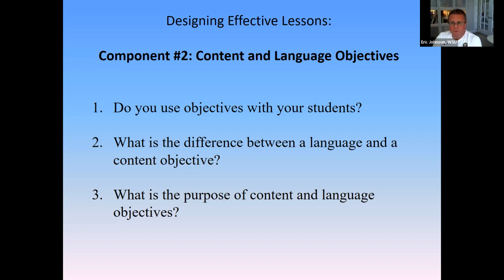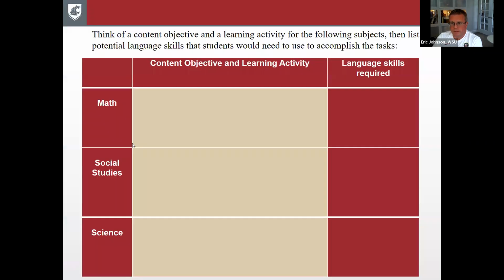Okay, so what I like to do is walk through an activity with teachers based on their own content expertise. We have high school, middle school, elementary teachers. So some elementary teachers might teach all content areas.